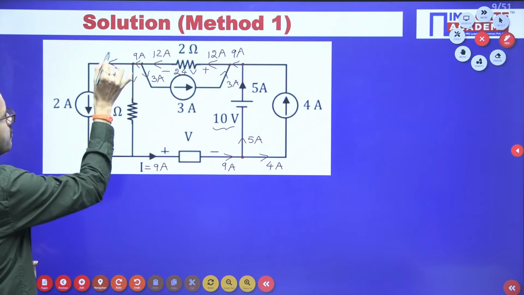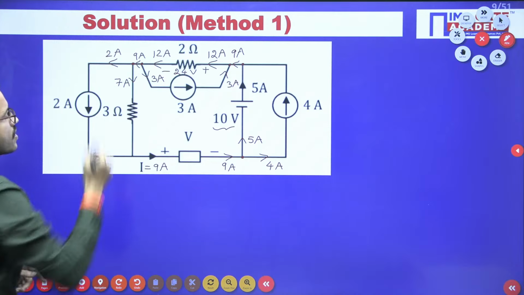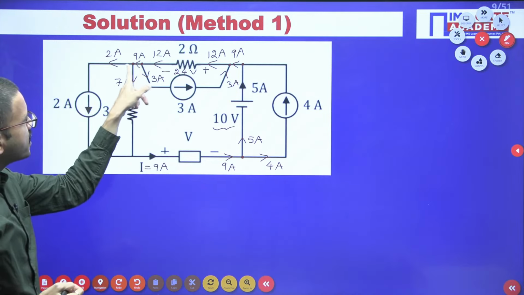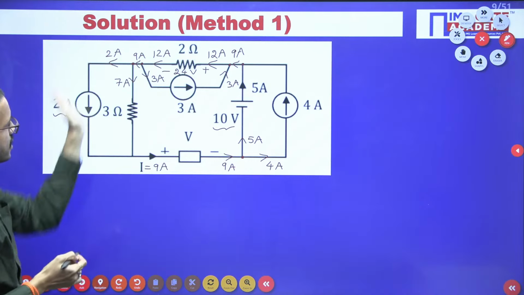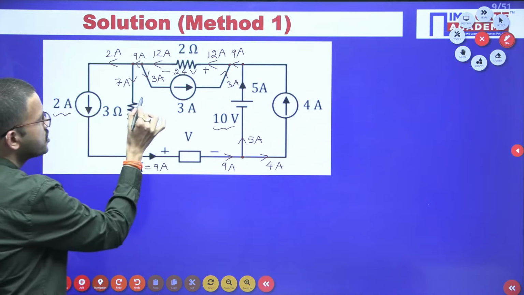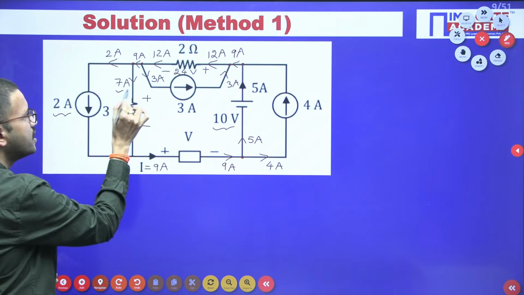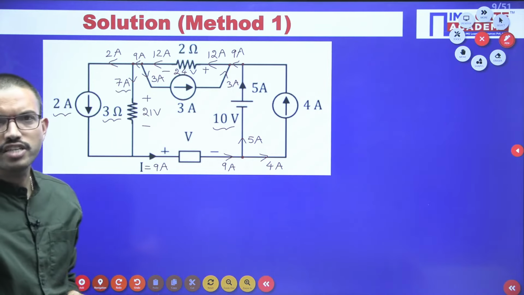Correct? 2 ampere is leaving. So that means in this branch, 7 ampere will leave. I am repeating once again, 9 ampere current is entering, out of which 2 ampere is leaving. So 9 minus 2 is 7 ampere. Now by using Ohm's law, 7 ampere into 3 ohm, you will get 21 volts.